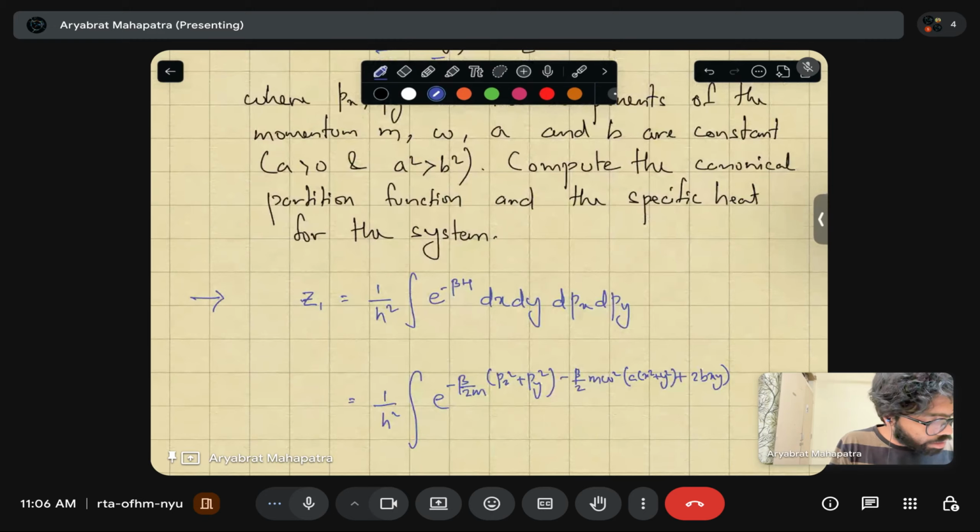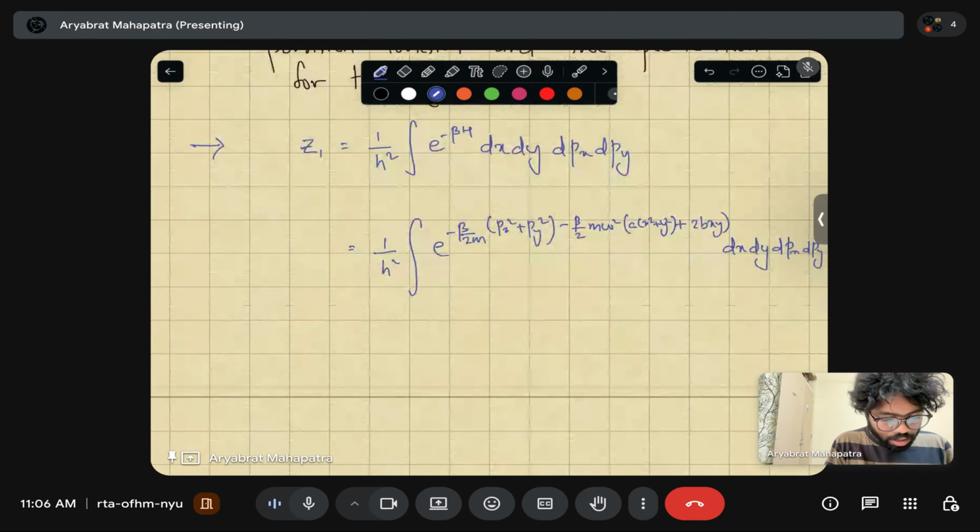Then you integrate out dx dy and dpx dpy as well. So let's see the momentum integral. The momentum integral is quite straightforward: exponential of minus beta px square over 2m.